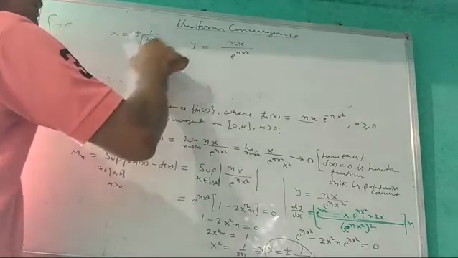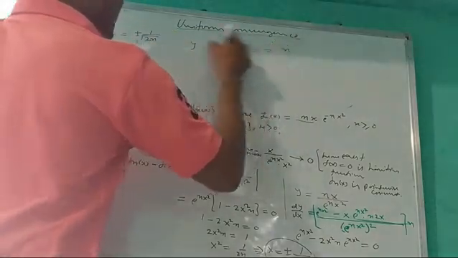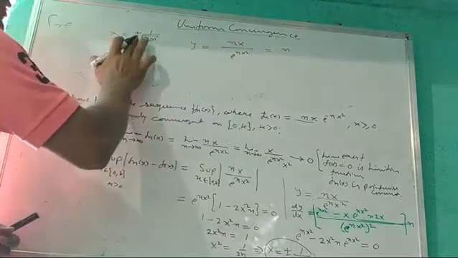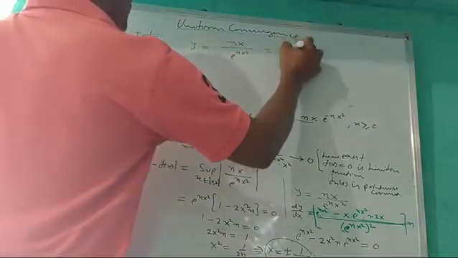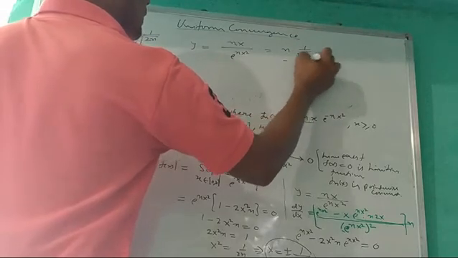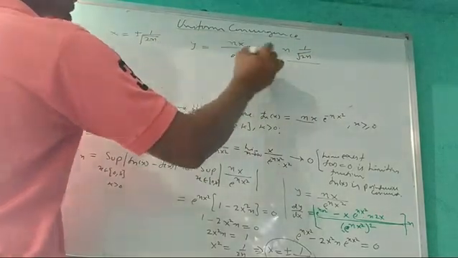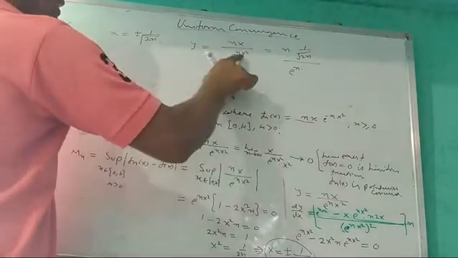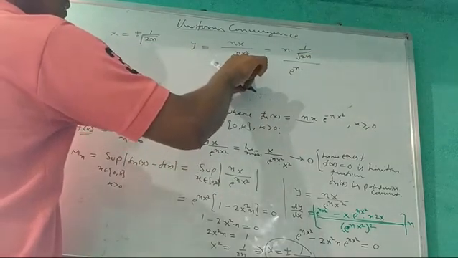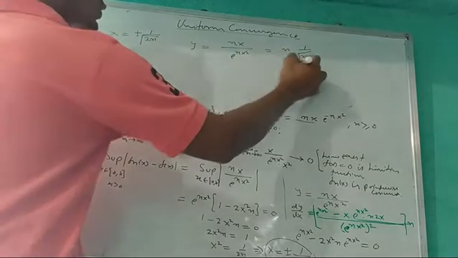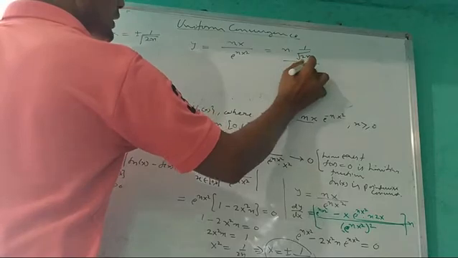When you put x equal to this, then because this is a modulus function, we are always using the positive value: n times 1 upon root 2n, upon e to the power n, and in place of x we put 1 upon root 2n, so it equals 1 upon 2n.